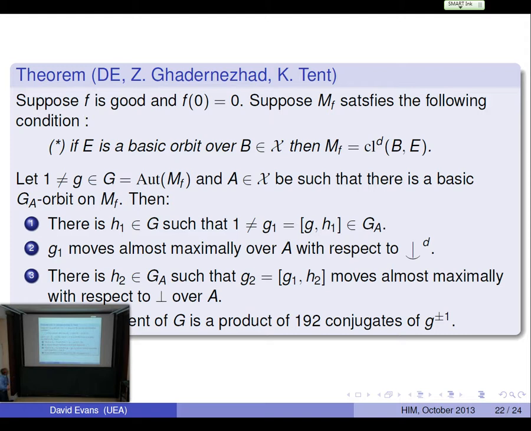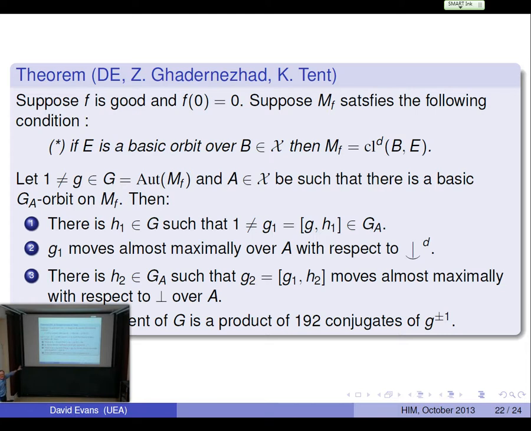Then what you show is that something non-trivial fixing every element of A moves almost maximally over A with respect to the one that's not a stationary independence relation. But then by taking another commutator, that's what's happening in the third one, you get something which moves almost maximally with respect to the thing that is a stationary independence relation.